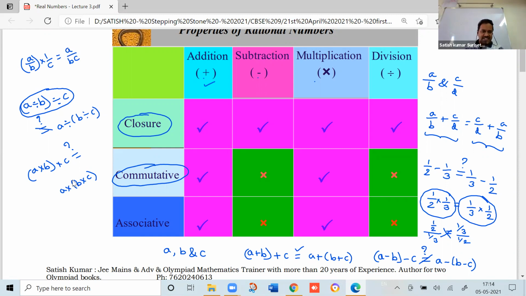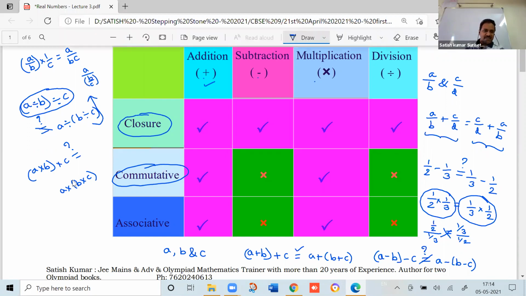Whereas the right side, A divided by (B divided by C), will become AC upon B. Whereas this is A upon BC and the right side is AC upon B. That's why they are not equal. So you should remember all these properties.